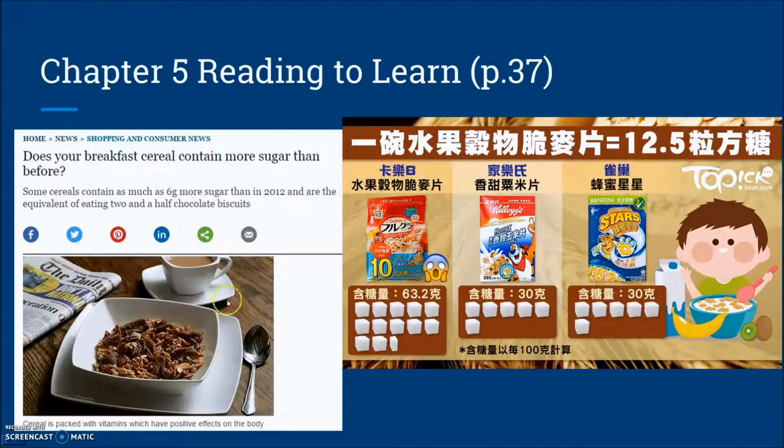So I will attach the link for these two news in the description, so you can click into the link if you want to know more about the sugar content in the breakfast cereal.